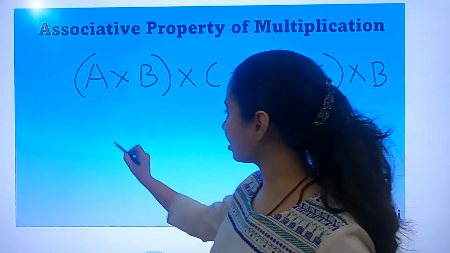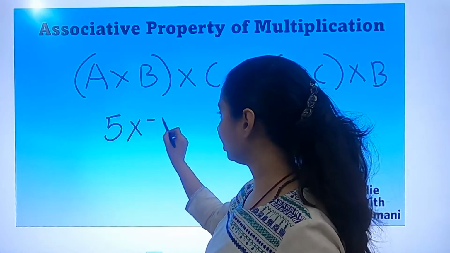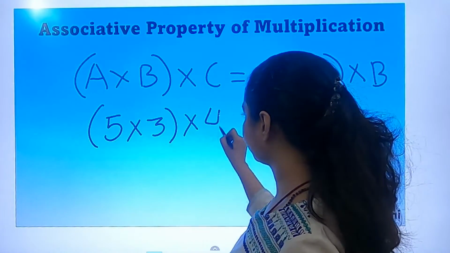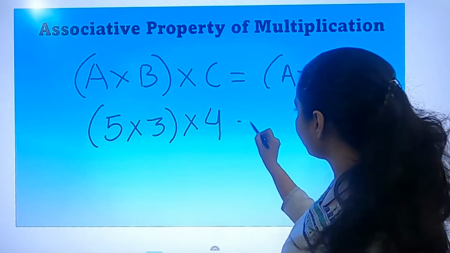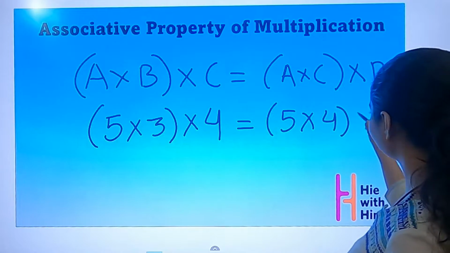So let's check it. 5 into 3 into 4 will be equal to 5 into 4 into 3.